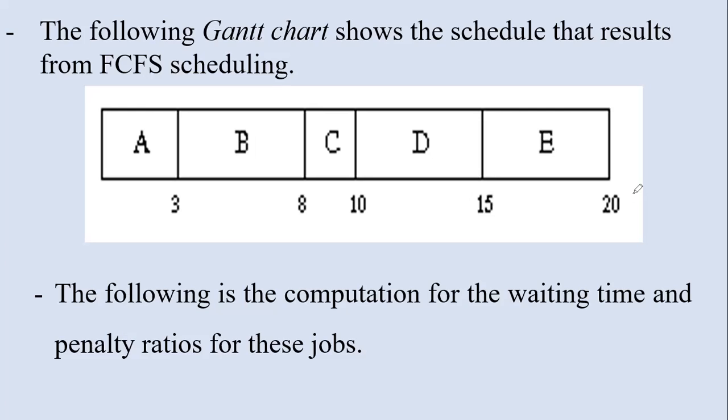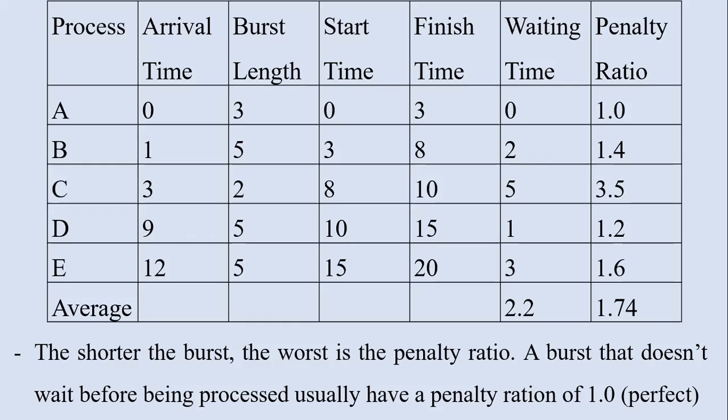So the following is the computation for the waiting time and the penalty ratios for these jobs. Process A arrives at time 0. It requires a burst of 3.